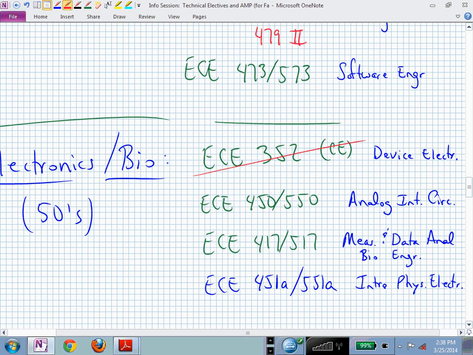Other questions? Yes. If you're in the AMP, you can take those after you've met the 90 plus unit threshold. So you can take 500 level classes after you've surpassed 90 units as an undergrad, is my understanding.